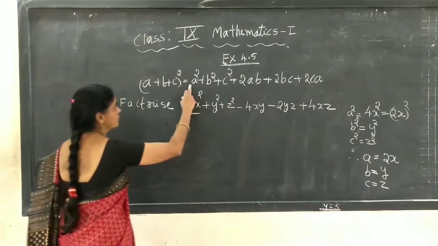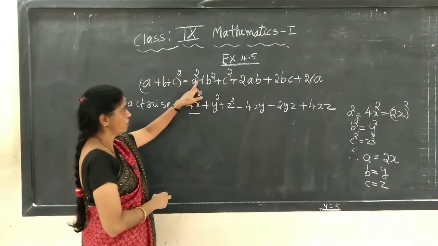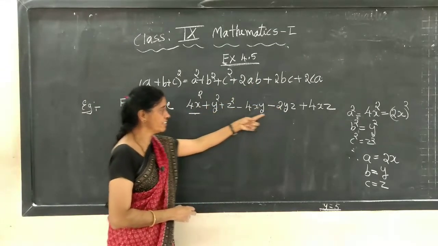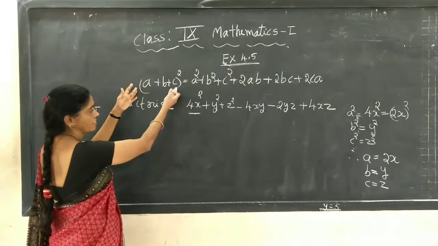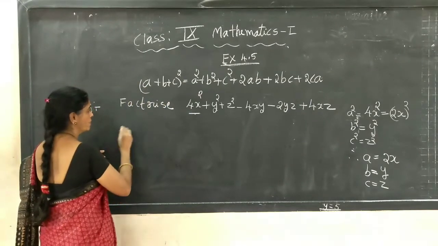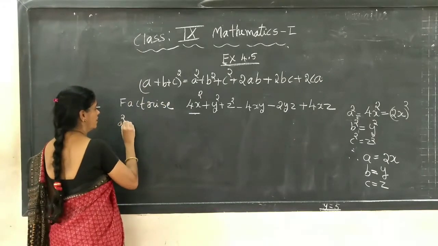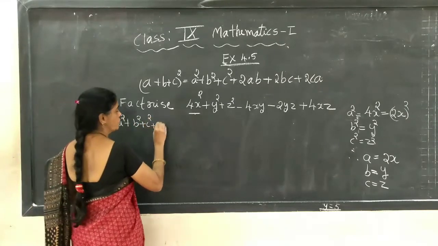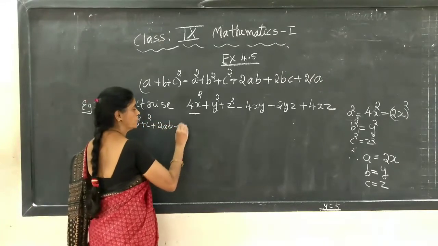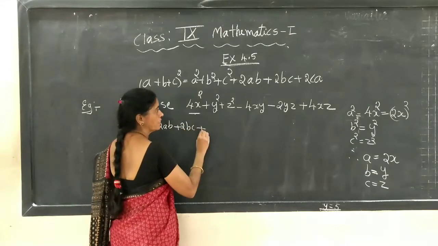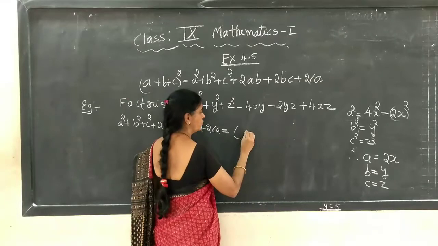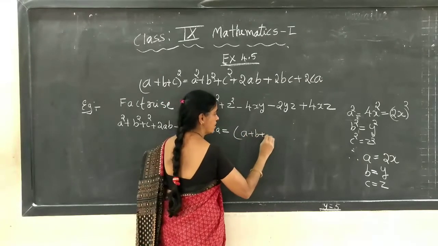Now, see this identity: a square plus b square plus c square plus 2ab plus 2bc plus 2ca. We have to write this one in this form, then this is the answer you will get. So, a square plus b square plus c square plus 2ab plus 2bc plus 2ca is equal to, if you factorize, the factors are (a plus b plus c) square.